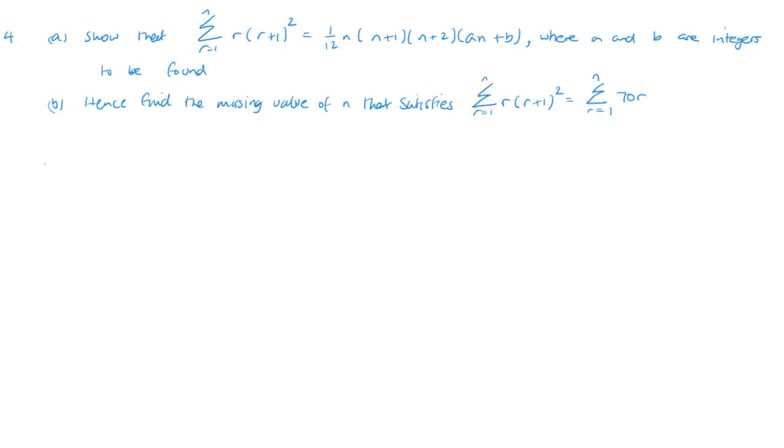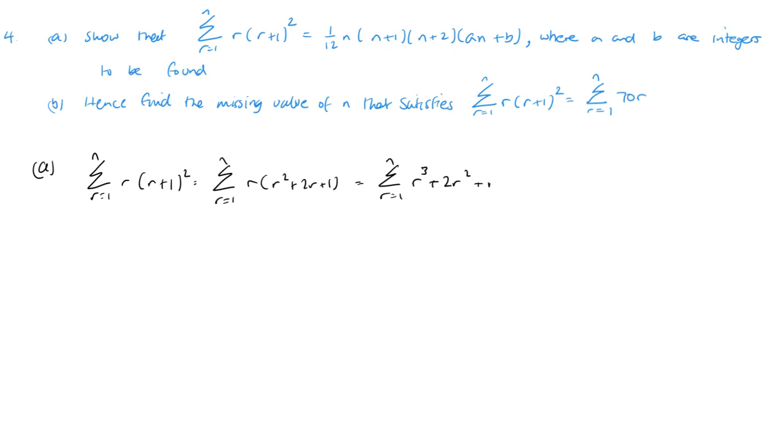Now, fourth and final question. So show that equals that. So show the sum of r from 1 to n, where r plus 1 squared. So that's going to be r squared plus 2r plus 1, or r cubed plus 2r squared plus r.